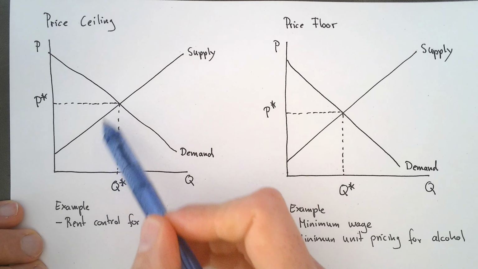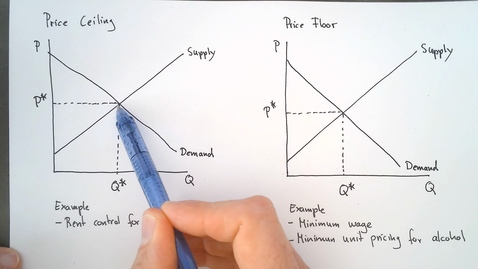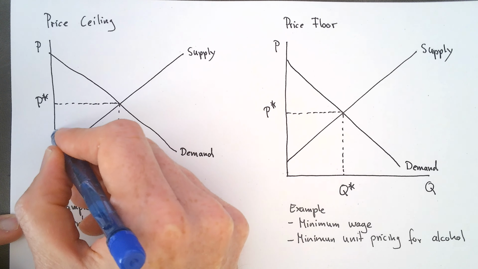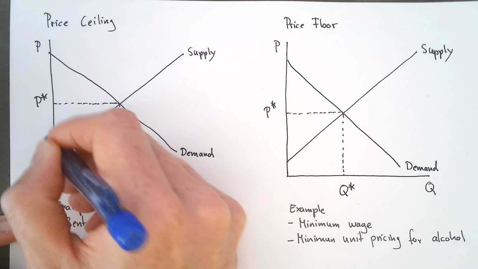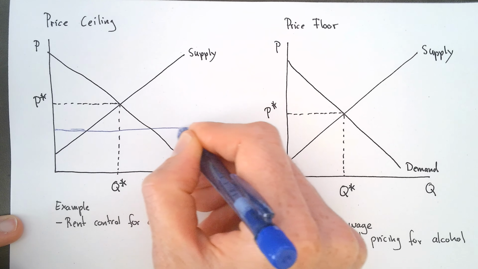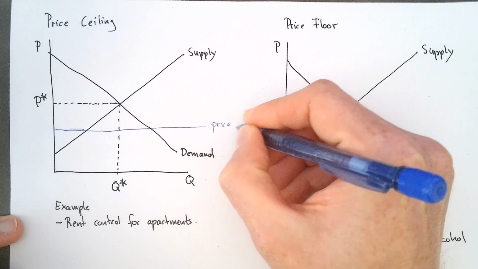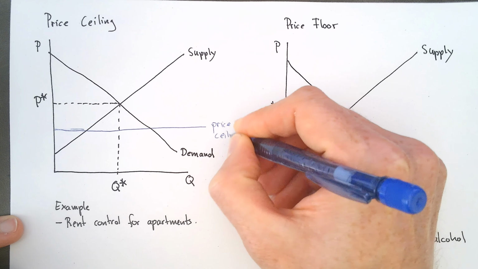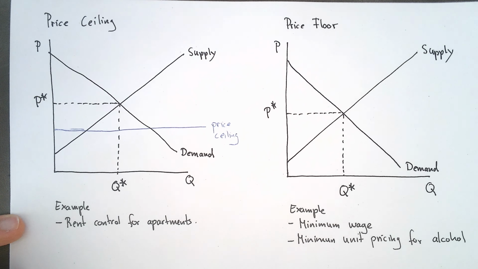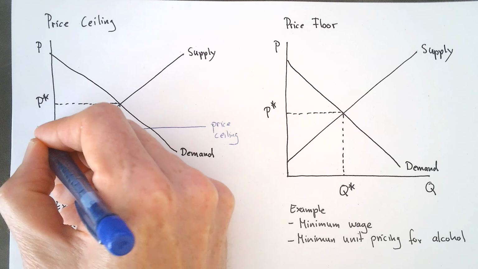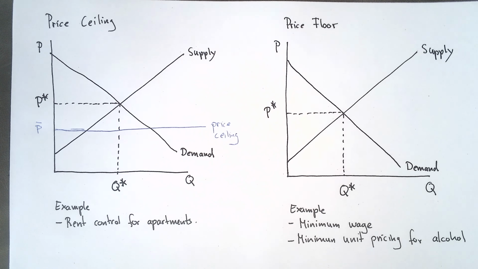Now, we have the initial equilibrium price, and now the price ceiling is set below that price. So consider here that we have the price ceiling. Now, in this case, producers are only allowed to charge P bar.